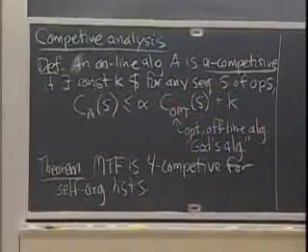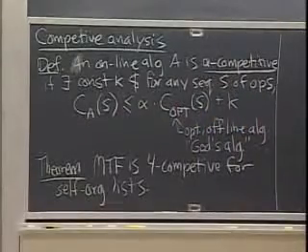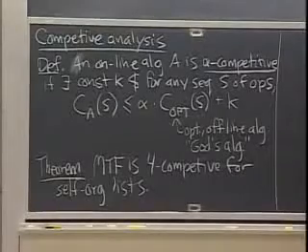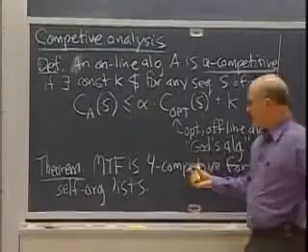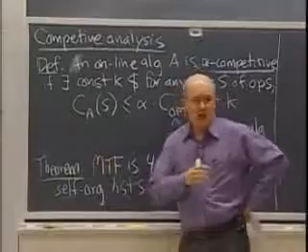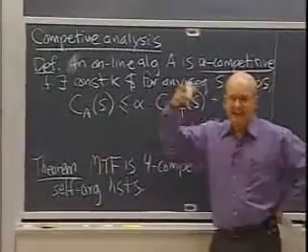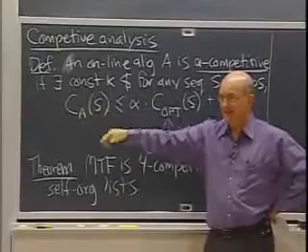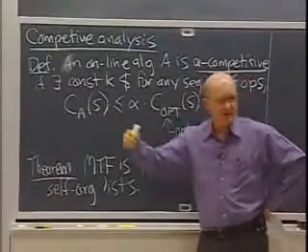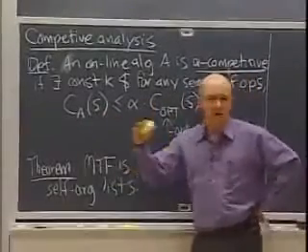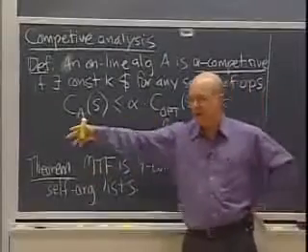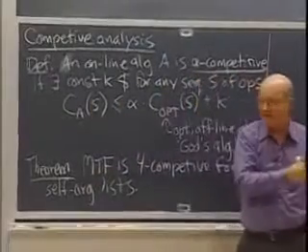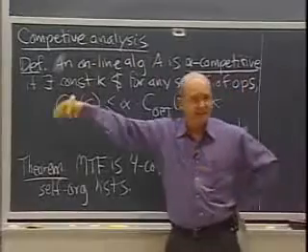Okay? So the idea here is that suppose the adversary says, oh, I'm always going to access the thing at the end of the list, like we said in the beginning. I'm always going to access the thing there. I'm going to make MTF work really bad because you're going to move that thing all the way up to the front, and then I'm just going to access the thing way at the end again.